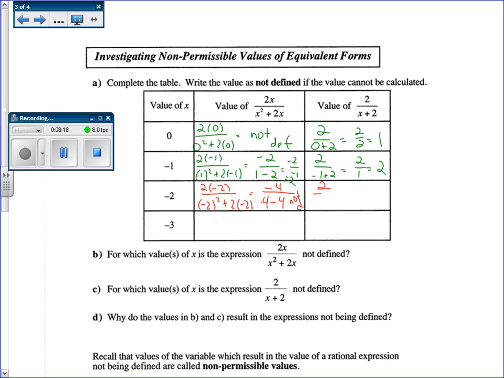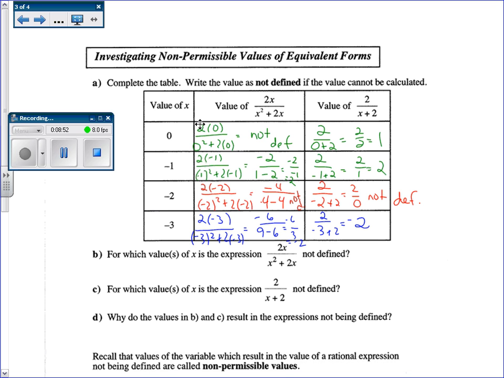And 2 over negative 2 plus 2 is 2 over 0, so it's not defined. 2 times negative 3 divided by negative 3 squared plus 2 times negative 3 is negative 6 over 9 minus 6, negative 6 over 3, which is negative 2, and 2 over negative 3 plus 2 is negative 2.